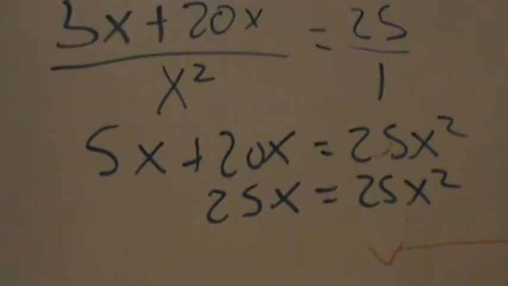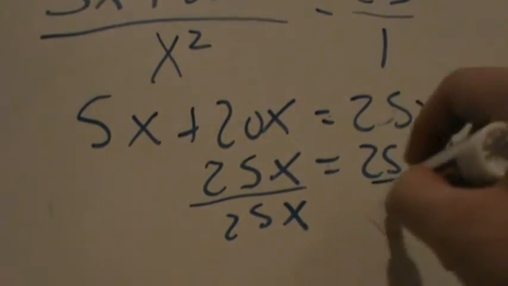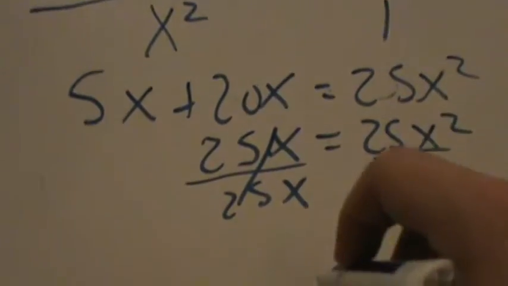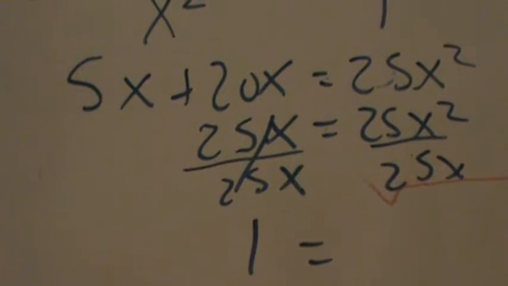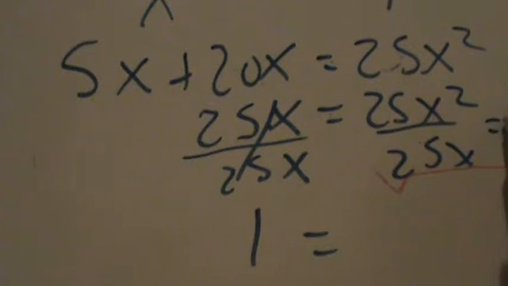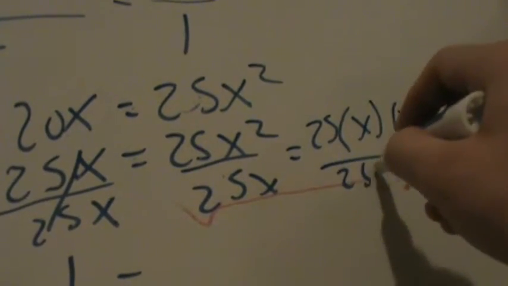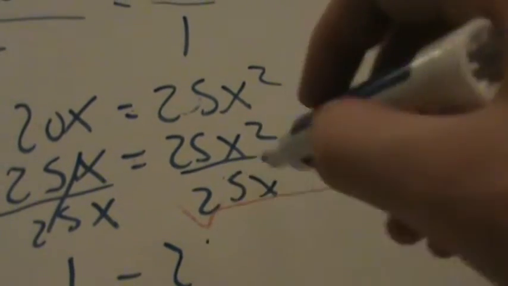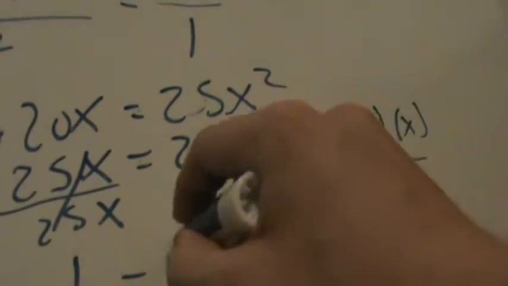So now you can divide both sides by 25x, and you see we have this special situation that is equal to that, so this is equal to 1. You do the same thing here, because this is equal to 25 times x over 25 times x. So one of these cancels, and this cancels as well. So it would be x equals 1.